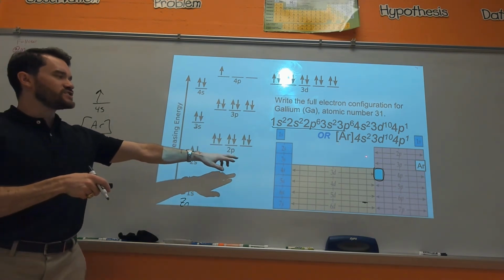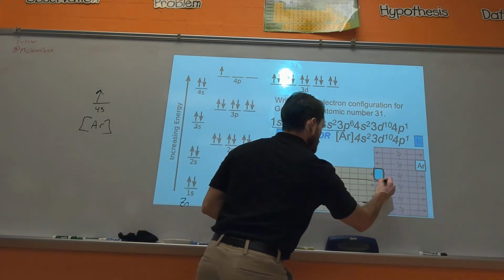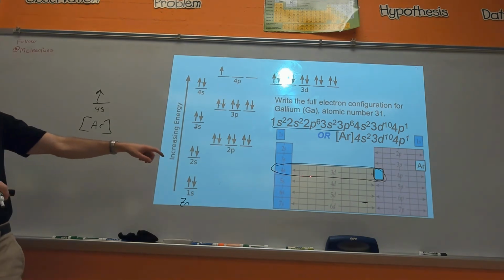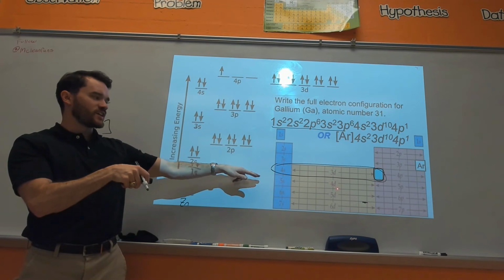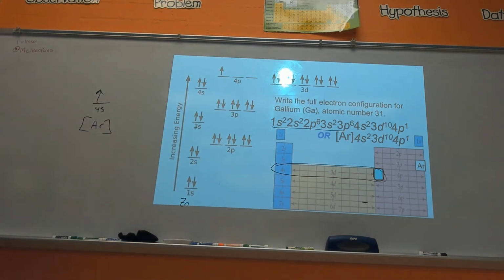Then you add what is unique to gallium. Well, that's this stuff right here: 4s2, 3d10, 4p1. 4s2. Remember, you're always one behind, and you can see that this is labeled pretty nice. So you can see that you're always one behind on the d's. 3d10 and then 4p1.